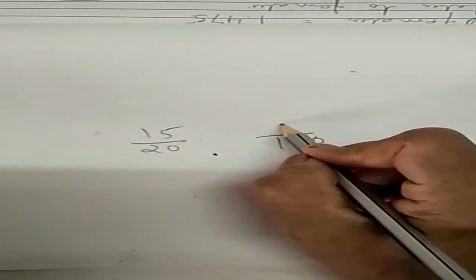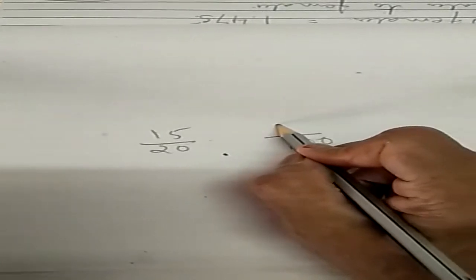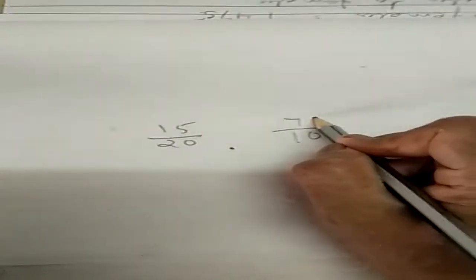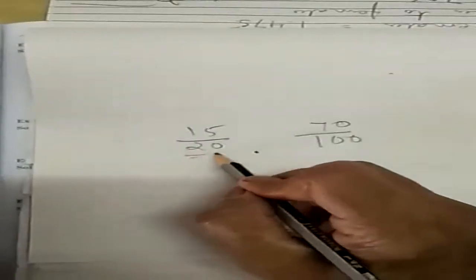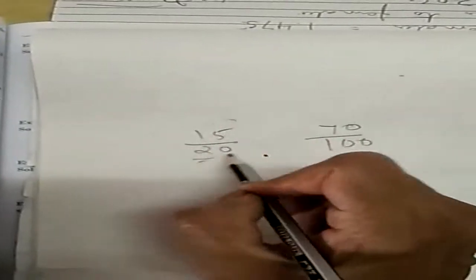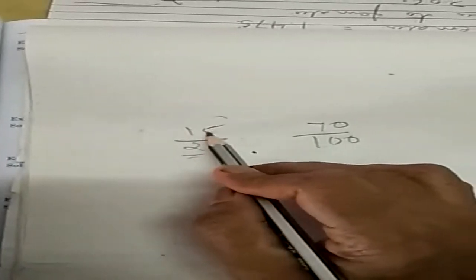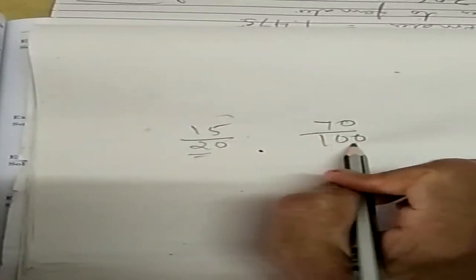Suppose these are maths marks. Out of 20, one has got 15 and another one, out of 100, has got 70.